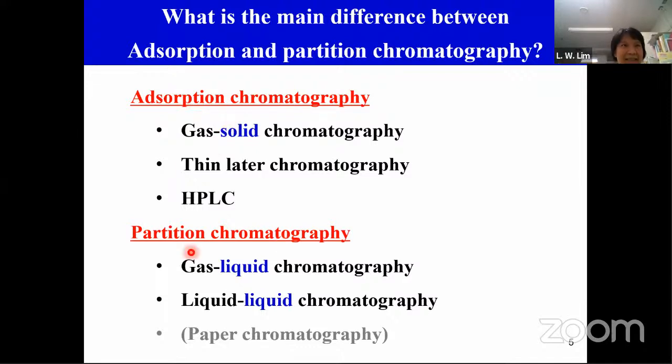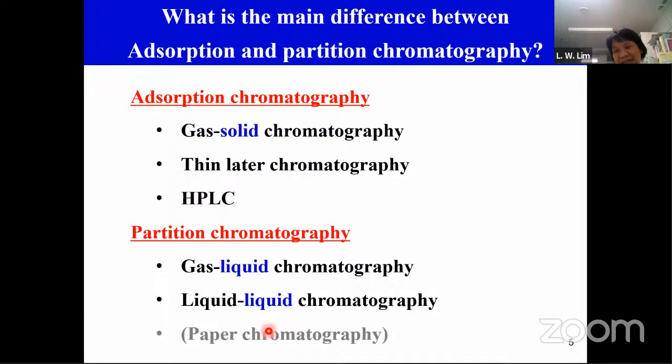For partition, it is more like a liquid or gas, where we have diffusion between the gas phase and the mobile phase. So we can say gas-liquid chromatography, or liquid chromatography.